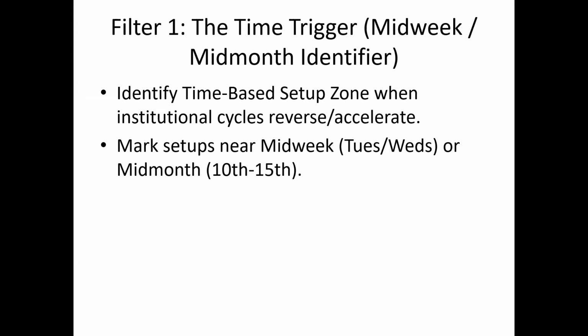That is the time zone. They will try to reverse or accelerate, so you need to identify that zone. We are going to mark setups near midweek, Tuesday or Wednesday, or mid-month, the 10th and 15th. It is made easy by coding. I have coded that indicator, the midweek of the month identifier indicator, which makes it very easy.